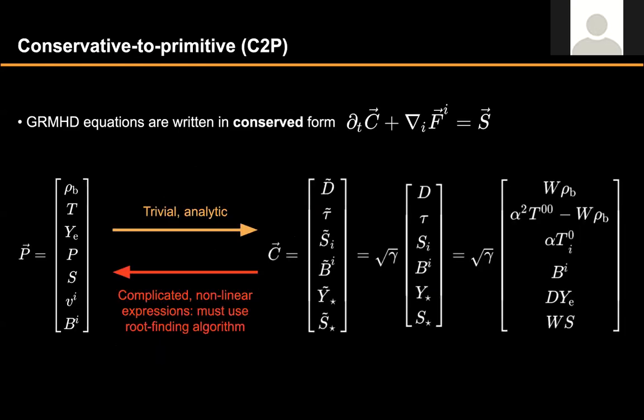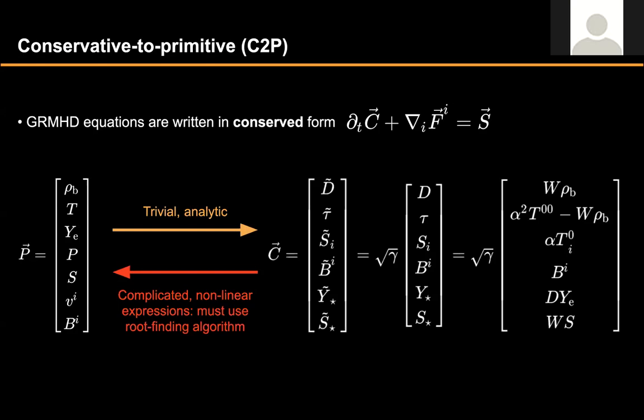These equations are typically written in conserved form, meaning that we evolve a vector of conserved variables, such as the conserved density, conserved energy, conserved momenta, etc. But we are ultimately interested in computing the primitive variables, such as the baryonic density, the temperature, the pressure, the velocities, etc. Going from P, the primitive variables, to C, the conserved variables, is trivial because we have analytic expressions that relate the two quantities as well as the metric quantities.